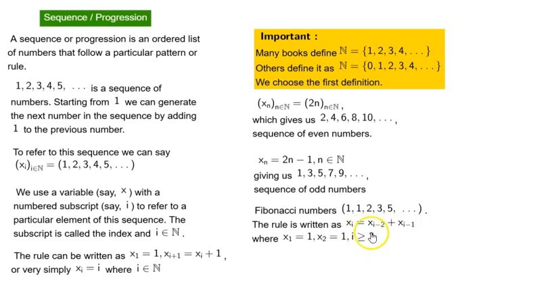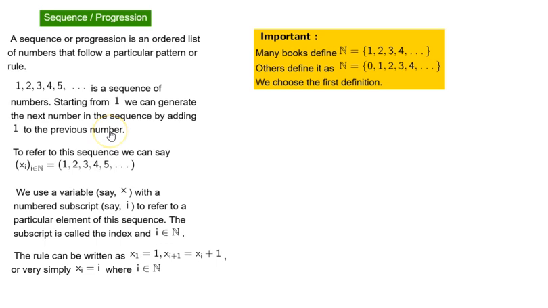So basically what this rule means is that, starting with 1, 1, we keep adding the numbers to get the next numbers. So we add the previous-to-previous number and the previous number to get the number. So 1 plus 1 is 2, 2 plus 1 is 3, 3 plus 2 is 5, and so on.